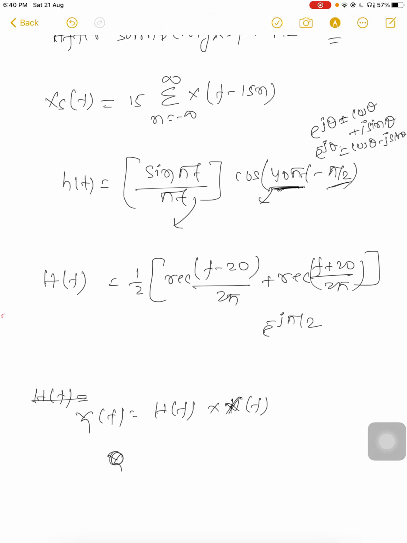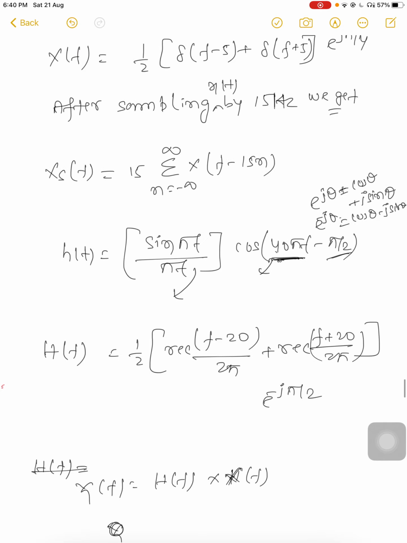So check it, after multiplication what will we get from here? 15 is here, so after multiplication you will get 15 by 2 and rectangular, this one minus 15.